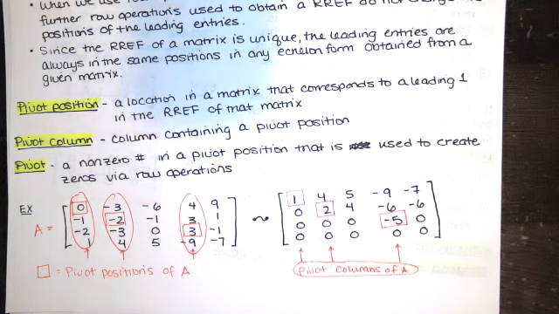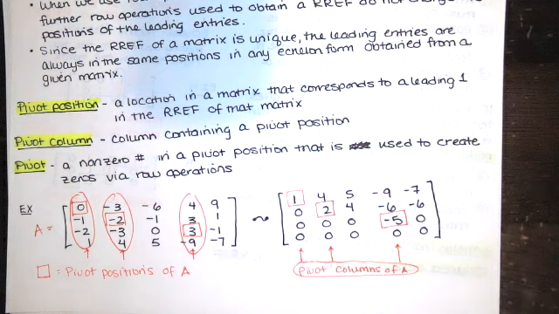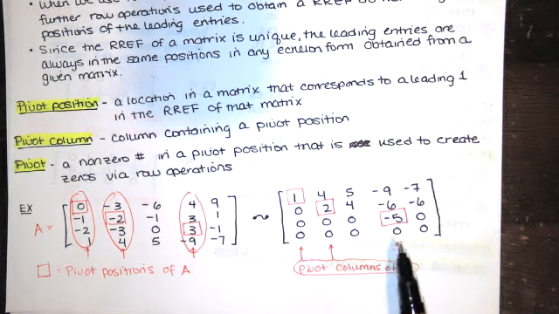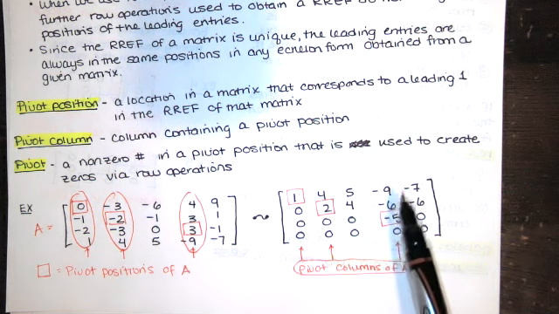Now, a pivot is a non-zero number in a pivot position that's used to create zeros in other rows in that column via row operations. So the pivots are definitely not those zeros. It's not the 0, the -2, and the 3, which happen to be in the pivot positions of this matrix. The pivots are 1, 2, and -5. 1, 2, and -5 can be used to make that 4 into a 0 and that -6 and that -9 into a 0. So those are pivots.